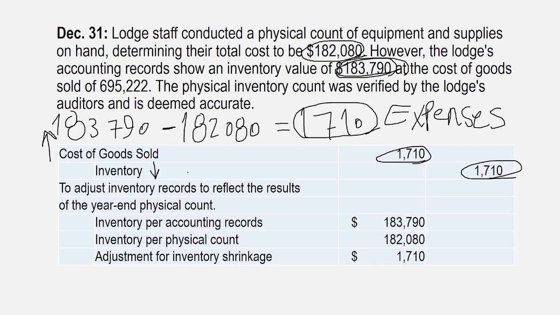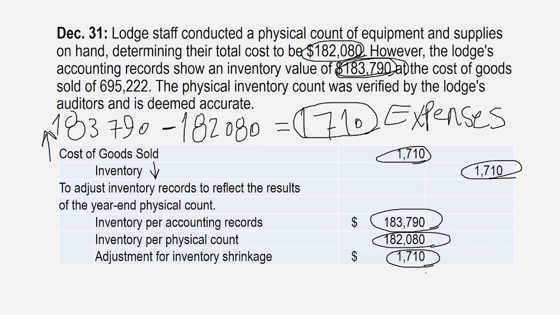In fact, by debiting cost of goods sold, we account for the expense resulting from the inventory shrinkage, and crediting inventory reduces the inventory value in the accounting records to match the physical count. And as you can see, here again, inventory per accounting records equals 183,790, and inventory per physical count equals 182,080, and the difference is 1,710.